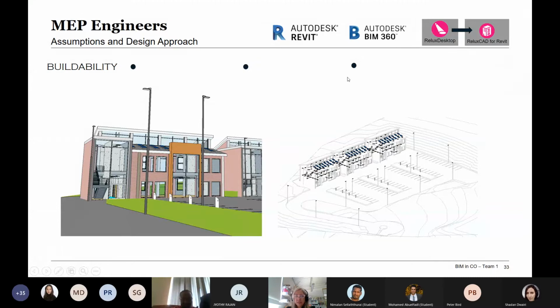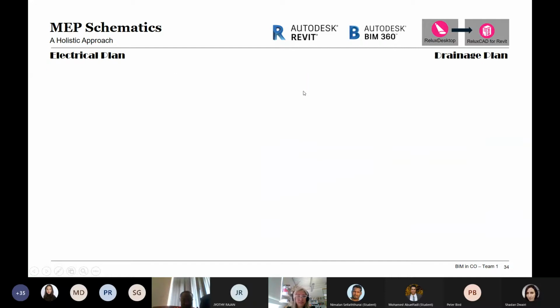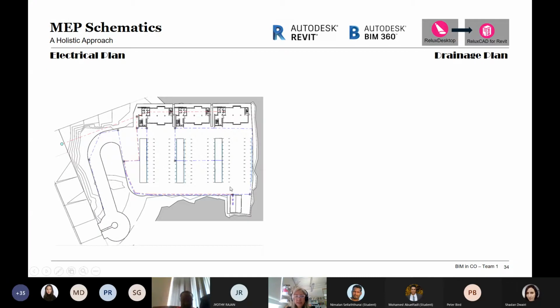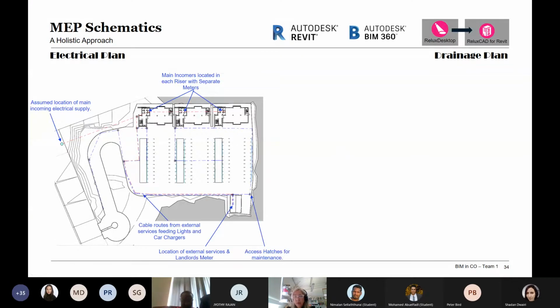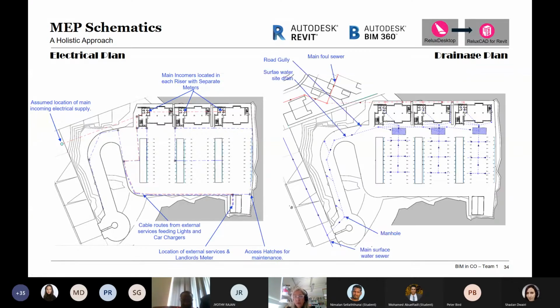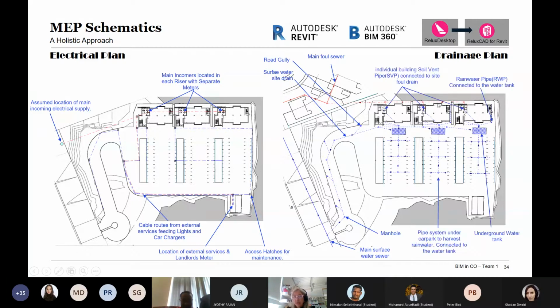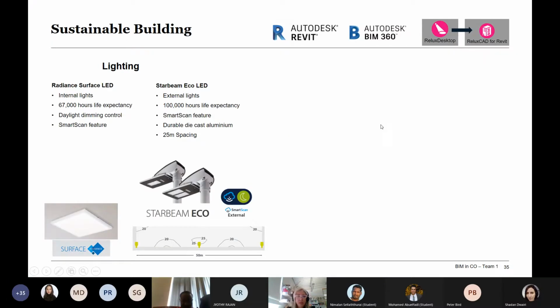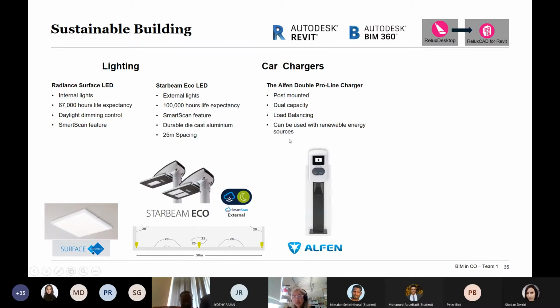And you can notice on the top that they use different tools to measure, for example, the level of detail of the services that they're designing. Electrical plan, this is for the infrastructure for the whole site, but you can see as well a little bit more as we move on, so we're looking at electrical and drainage plan, but then we're also looking at lighting, car chargers.